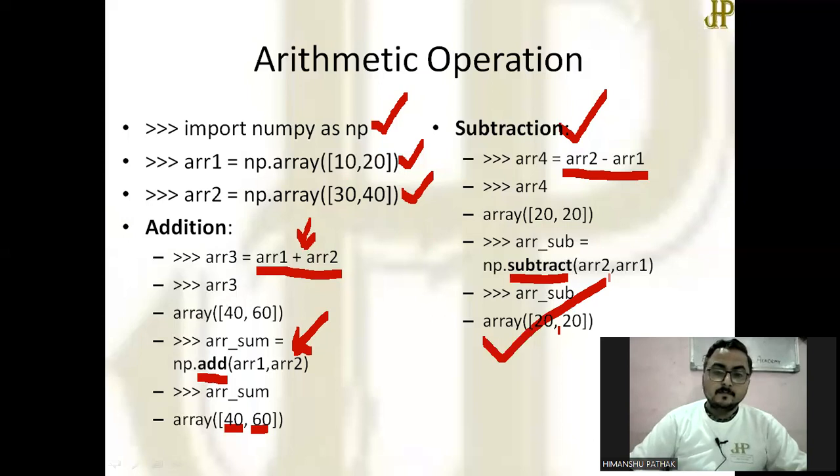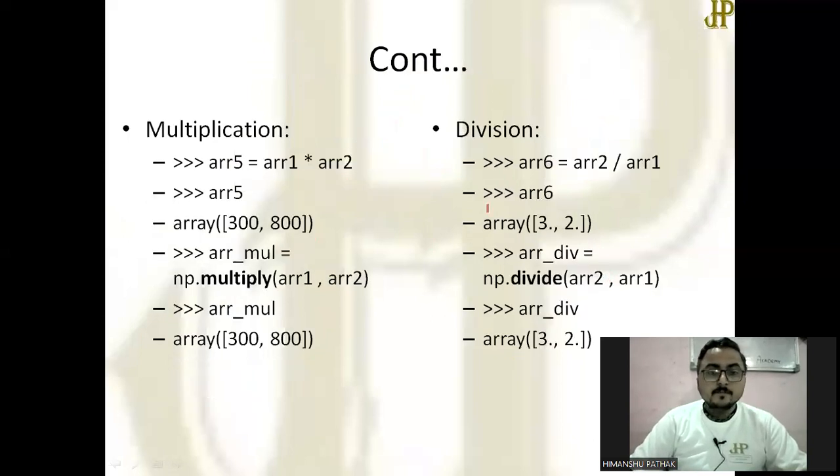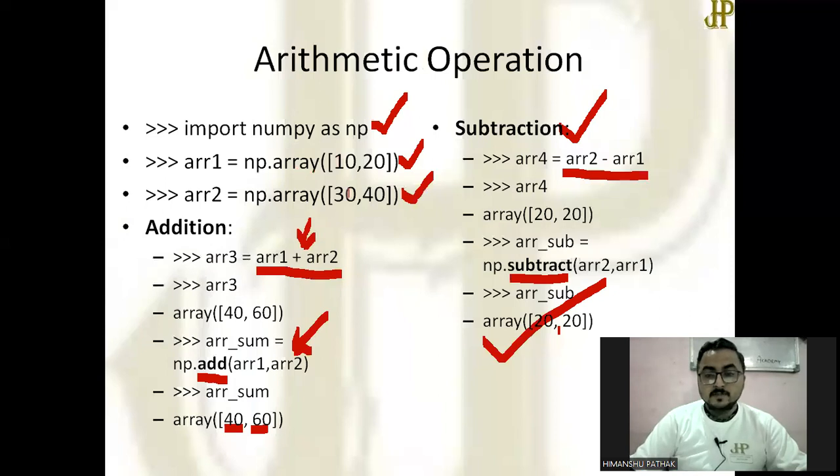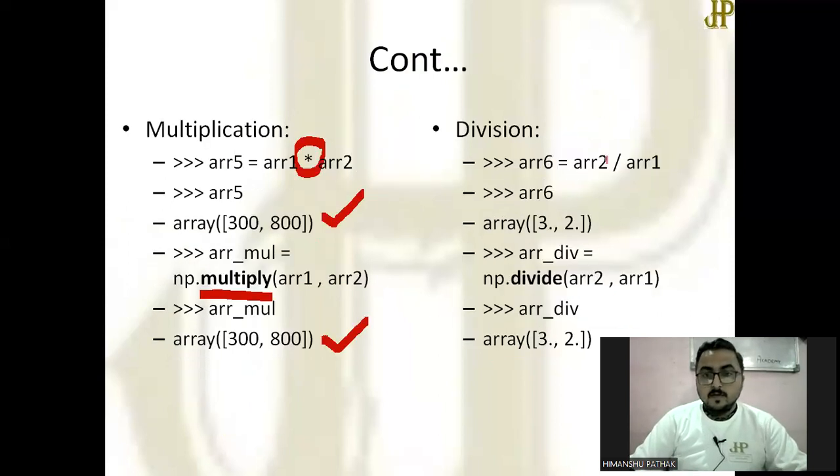Clear? Now multiplication. The star operator can be used. Other than this, the multiply method can be used. It will give 300, 800. Why? Because 10 into 30 becomes 300, 20 into 40 becomes 800. Now division, same thing.